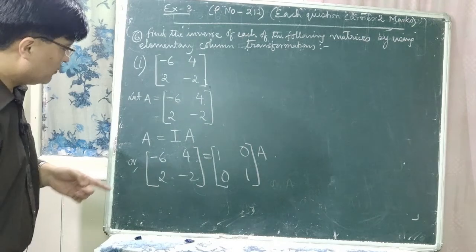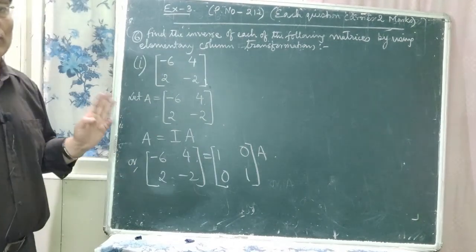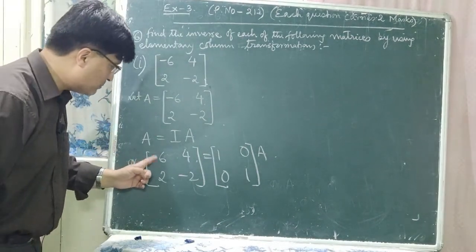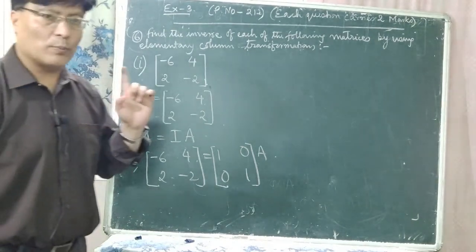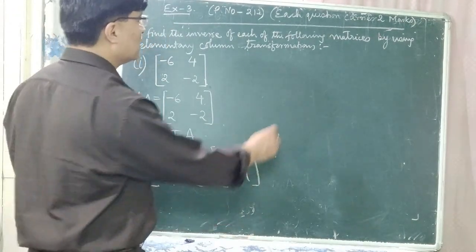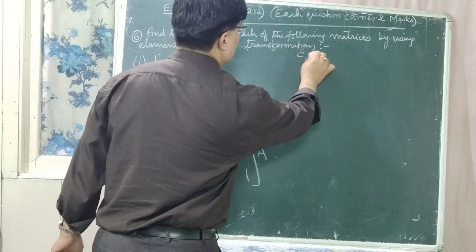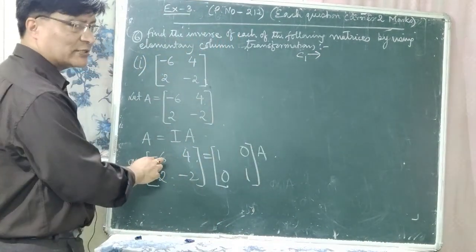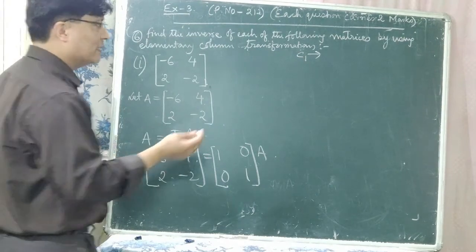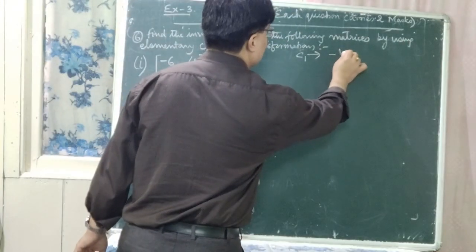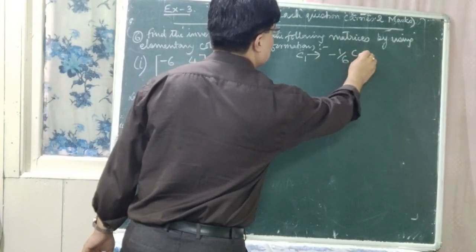Now you have to use elementary column transformation. So let us make this -6 into 1. How can you make it? C1 becomes -1/6 C1.